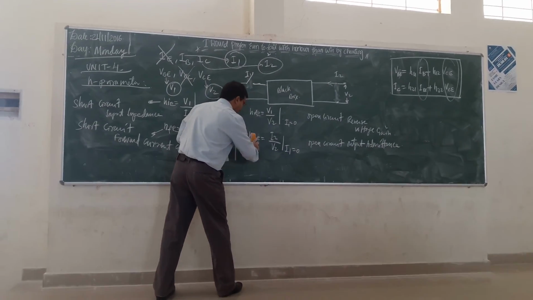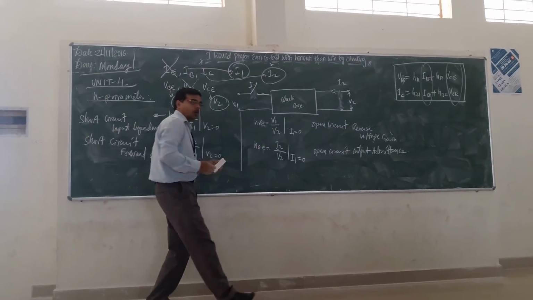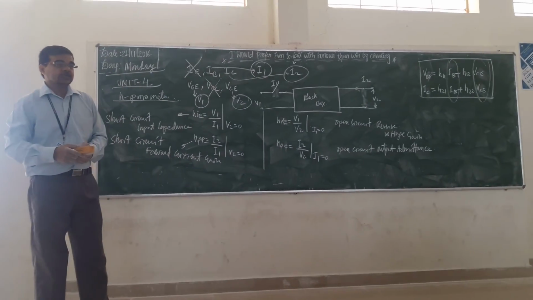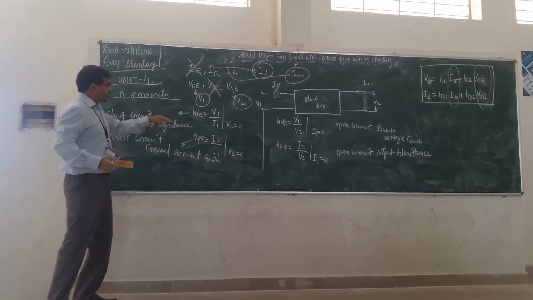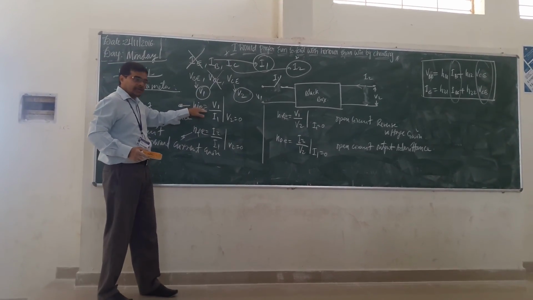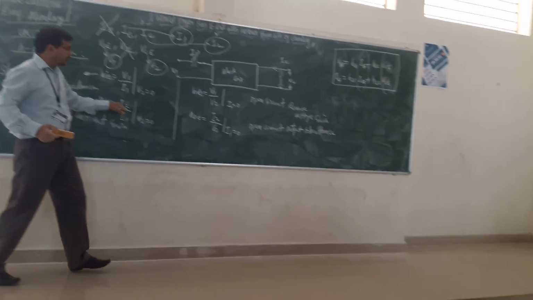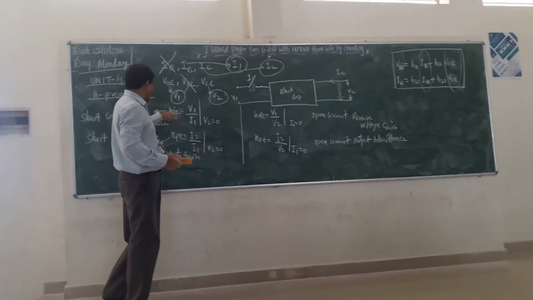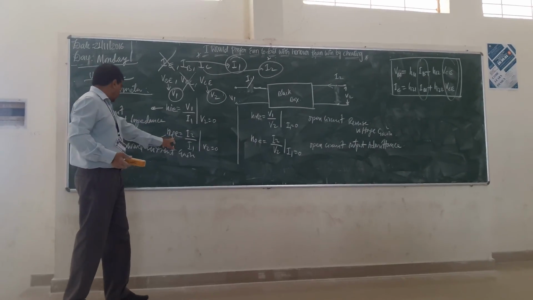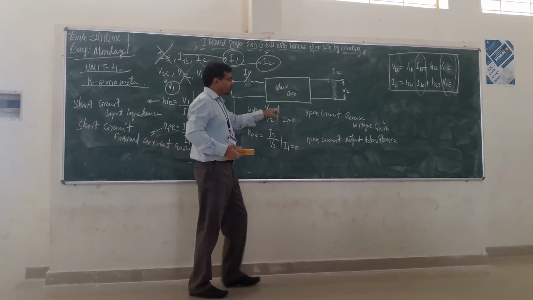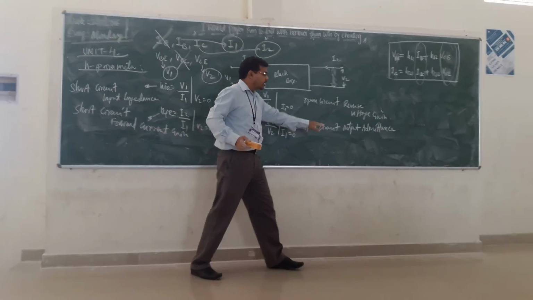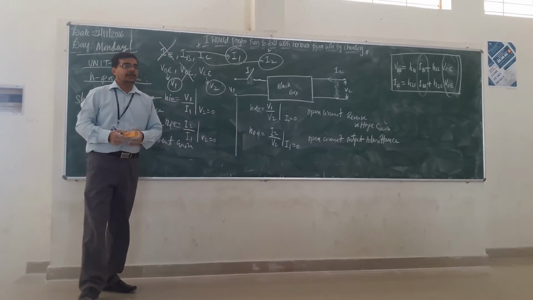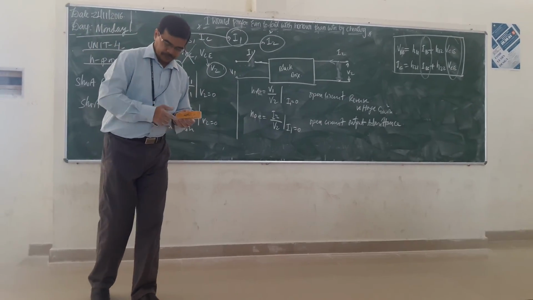Output, I will write O. So what are the different H parameters that we are having in case of common emitter configuration? We are having HIE, HFE, HRE and HOE, where I represents input, F represents forward, R represents reverse and O represents output. And here we are writing E because it is for a common emitter.